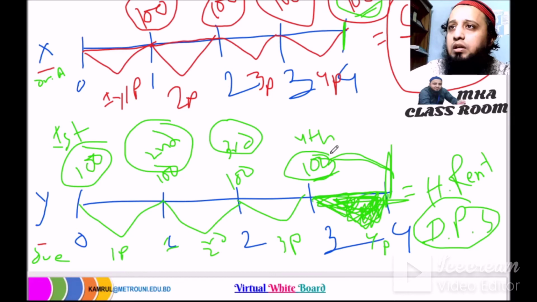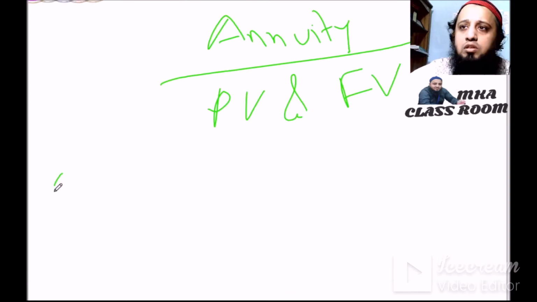Now, you have to find out the present value and future value of this annuity. We have two types of annuity, ordinary annuity and annuity due.